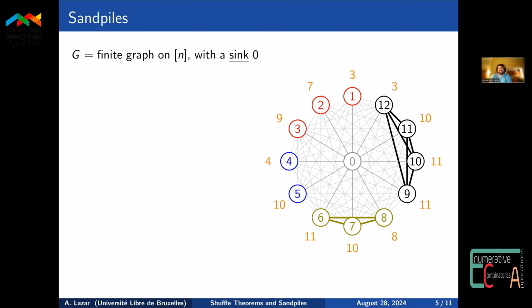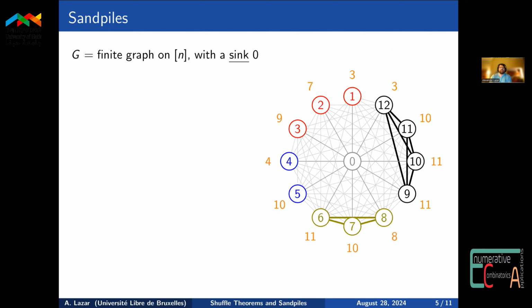So now I want to change gears rather suddenly and talk about the abelian sandpile. So throughout, calling it the abelian sandpile model is a little misleading. There's a bunch of different versions of it that have various utility for different kinds of problems. The version we're going to talk about is on finite graphs with a sink.